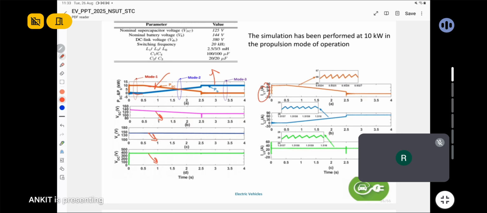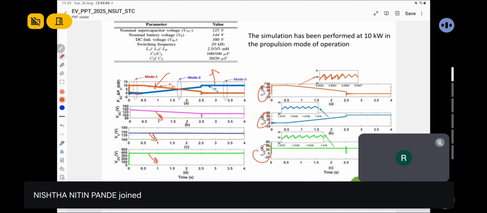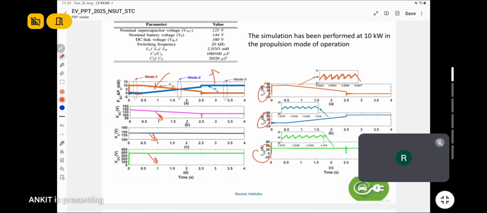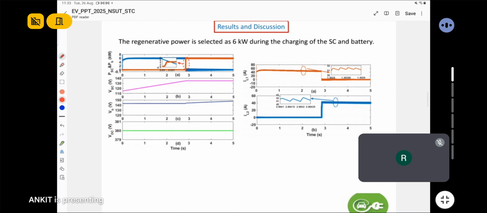These are the inductor currents IL1, IL2 and IL0, and the inductor currents are triangular in nature, which shows the effectiveness of the system. It is the natural waveform of the inductor in a DC to DC converter.